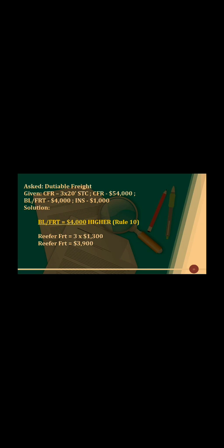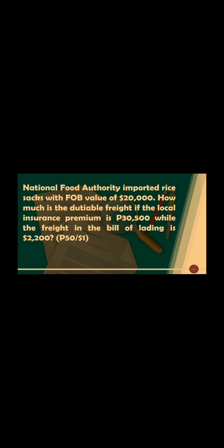Since this is 3x20 STC, we need to multiply that by 3. So 3 times $1,300, the rougher freight is equal to $3,900. Whichever is higher, we go to the bill of lading freight indicated in the problem, which is $4,000, and that falls under rule number 10 as well.